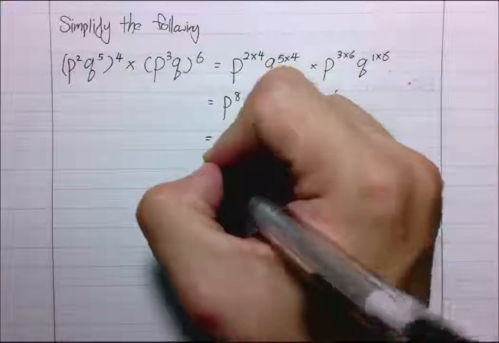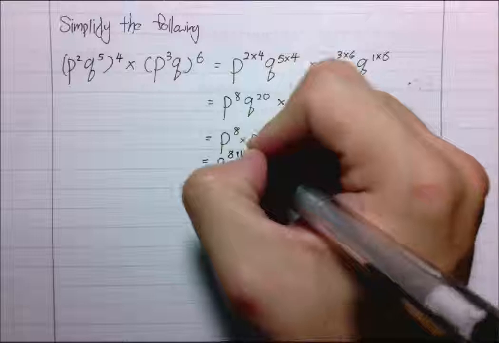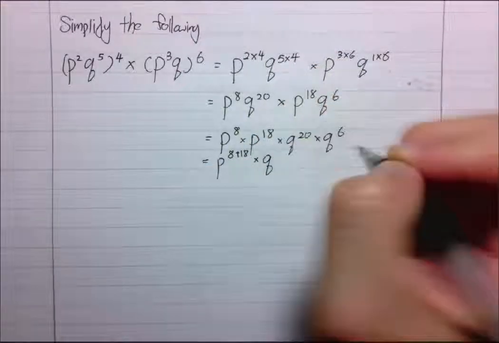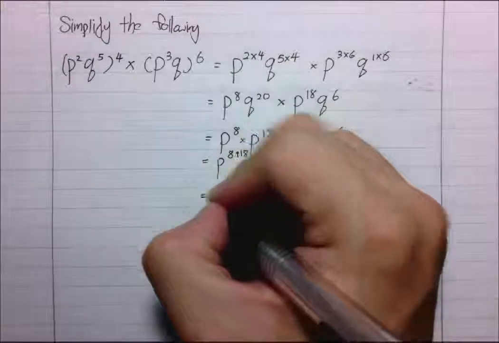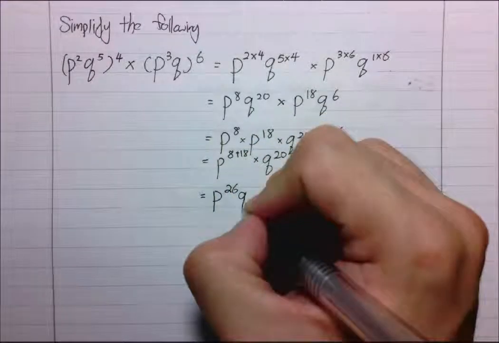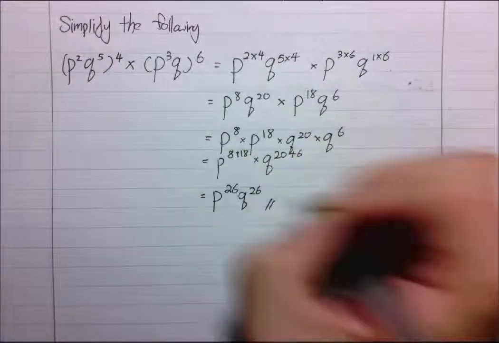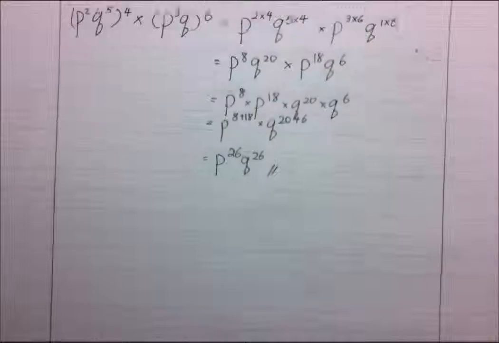So what we get is p to the power of 8 plus 18, times q to the power of 20 plus 6. So in the end we get p to the power of 26 q to the power of 26, and we are done with the first example for this video.